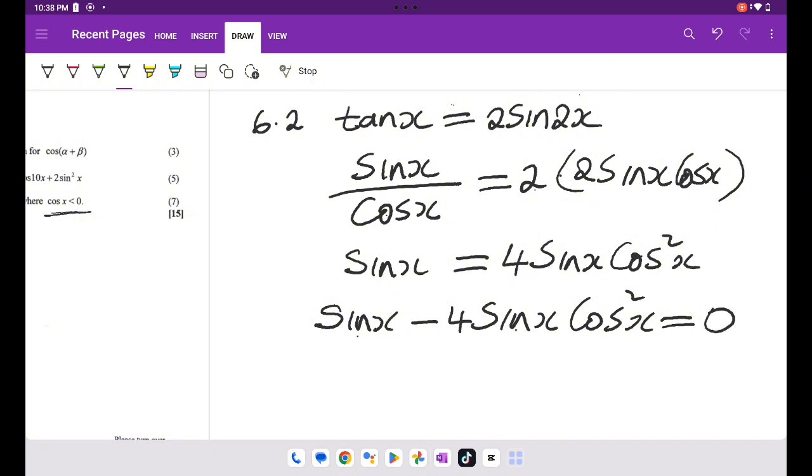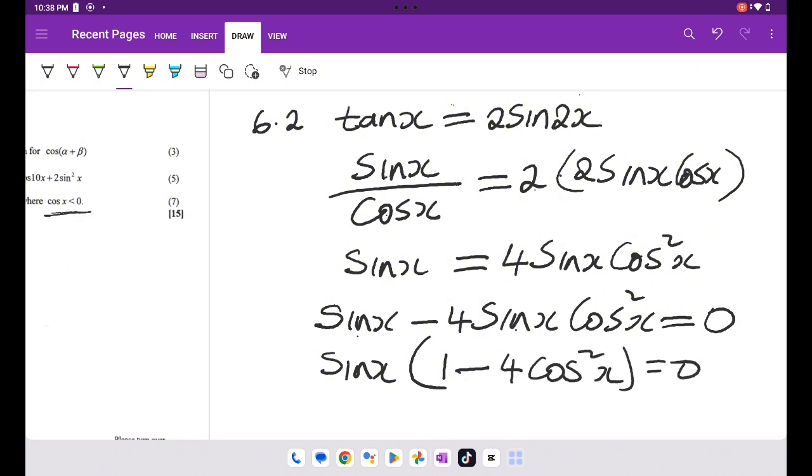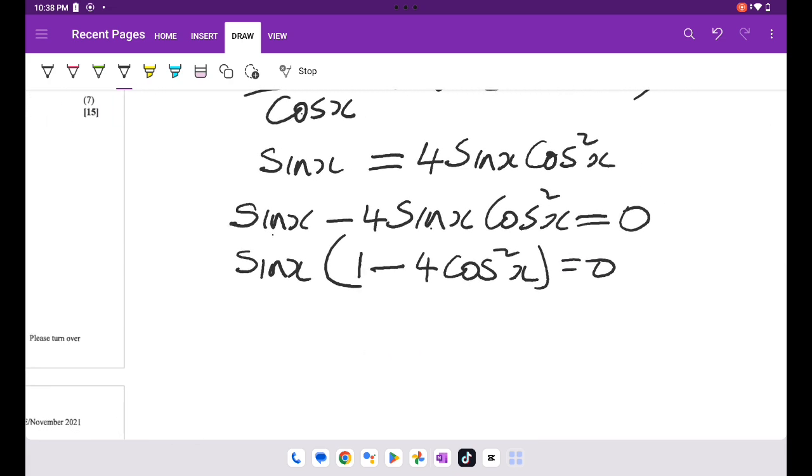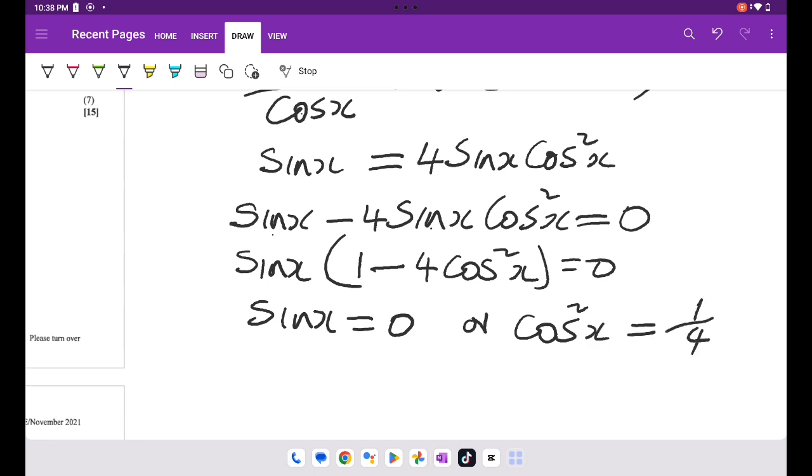Taking out the common factor here, we will have sine x, and we are left with 1 minus 4 cos squared x equals 0. Now giving us sine x to be 0, or put this instead at 4, cos squared x will be positive 1 over 4.